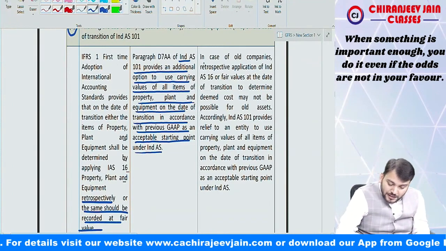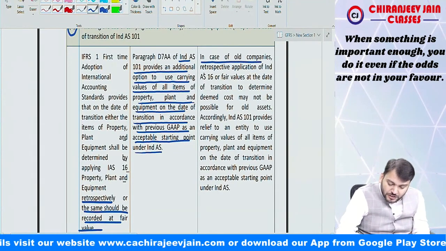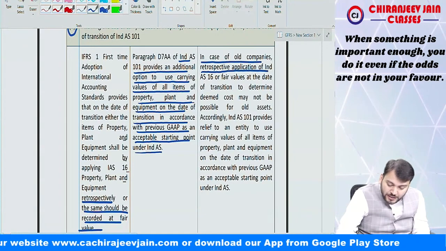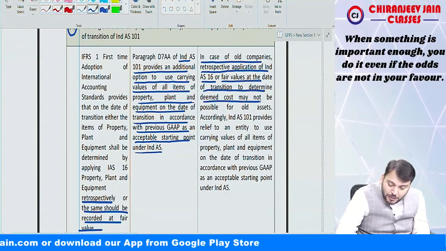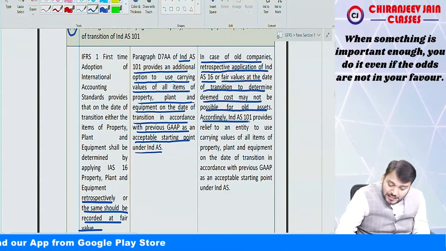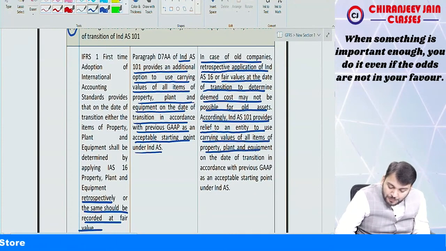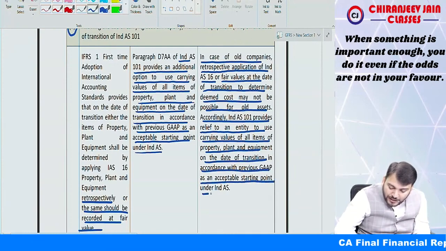Yes, sir. What they said: in case of old companies, retrospective application of Ind AS 16 or fair value at the time of transition to determine deemed cost may not be possible for old assets. Accordingly, Ind AS 101 provides relief to an entity to use the carrying value of all items of PP on the date of transition in accordance with previous GAAP as an acceptable starting point under Ind AS.